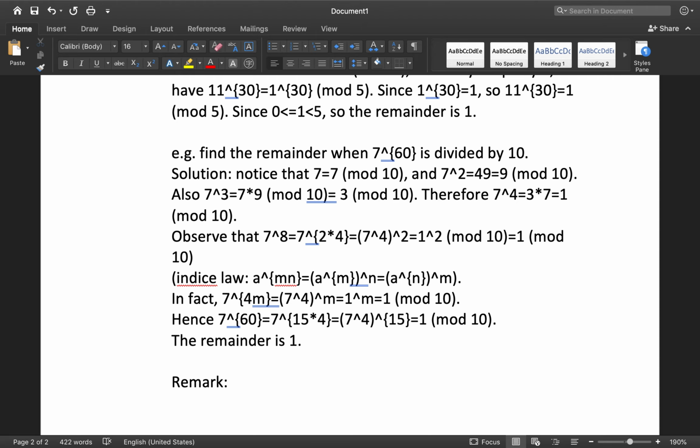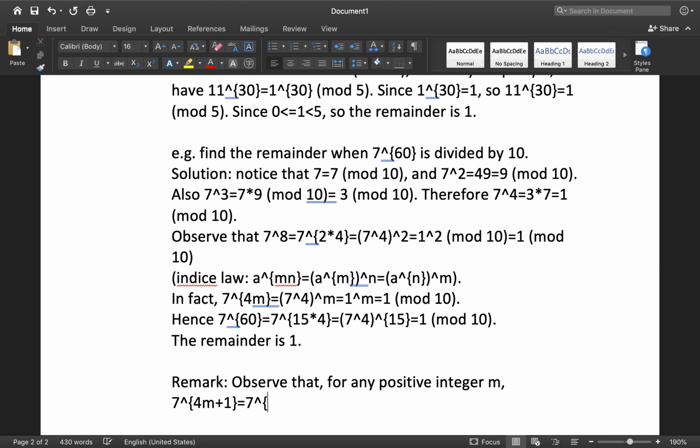Now for example, observe that for any positive integer m, in fact we have 7 to the power 4m plus 1. Let's just do 4m plus 1. Now what is it? Well, it's just the index law again.